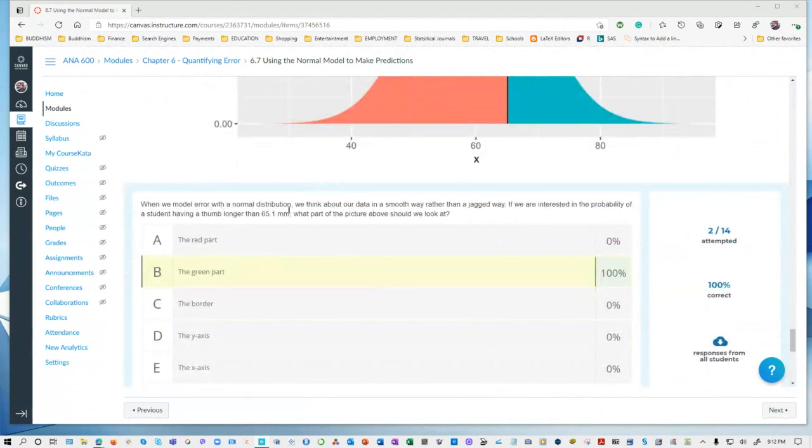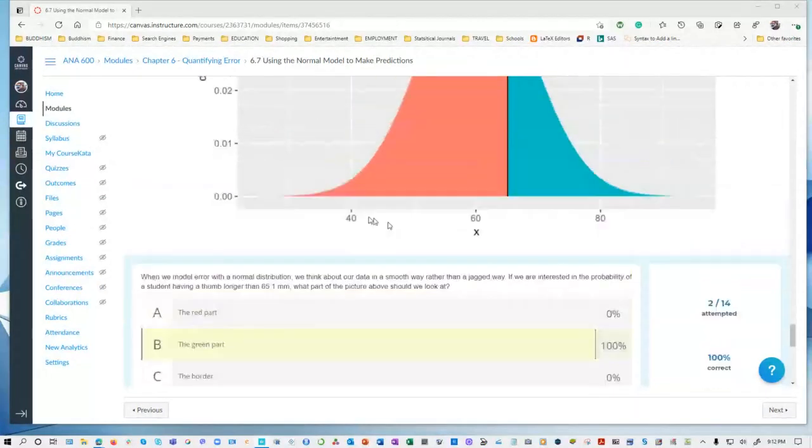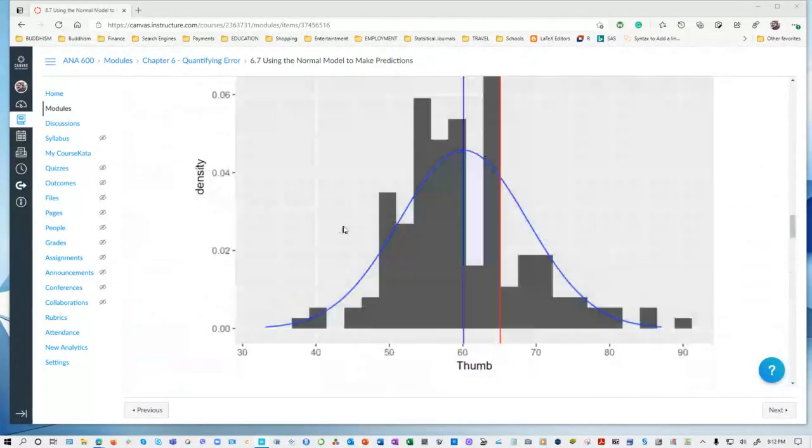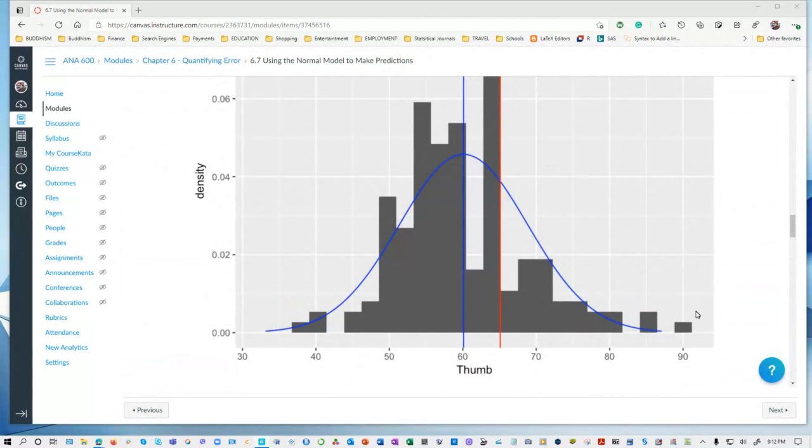When we model error with the normal distribution, we think about our data in a smooth way rather than a jagged way. We don't like the jagged way because it's based on the sample, and we don't want to worry about the sample. We're looking for the data generating process, the DGP.